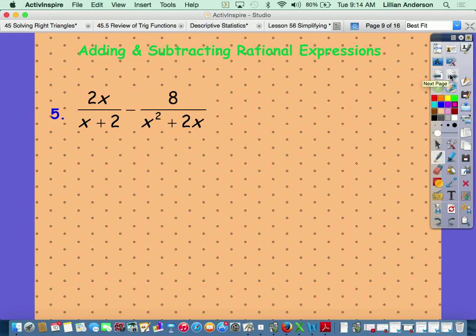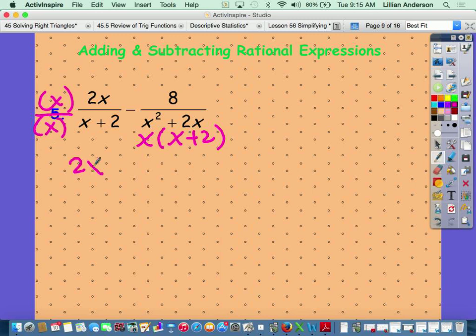What should I do first? Factor. I can't do anything to the left side, but I can factor the right side. Factor out an x. That leaves me with an x plus 2. And you'll see that the left side is just missing what? An x. The right side? Nothing.